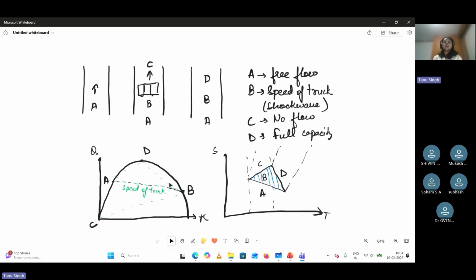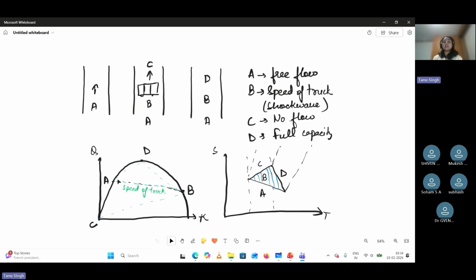As we have seen, before the capacity or the optimum, this is the free flow condition, and after this optimum, this is the congested region. Since all the vehicles are moving at the truck's speed, below their capacity, that will be the congested condition.